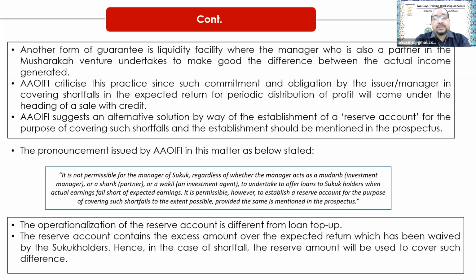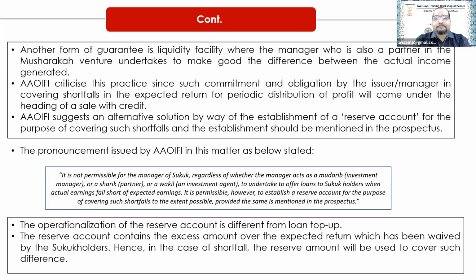It is not permissible for the manager of the sukuk, regardless of whether the manager acts as a mudarib, investment manager, sharik partner or wakil. So as I mentioned, the problem is wakala, musharaka, and mudaraba. To undertake to offer loans to sukuk holders when actual earnings fall short of expected earnings, but it is permissible to establish a reserve account for the purpose of overcoming such shortfall to the extent possible, provided the same is mentioned in the prospectus.